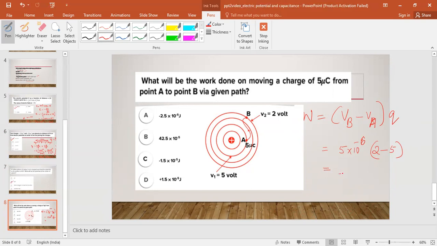So the answer is minus 5 into 3 into 10 raised to minus 6, which is minus 15 into 10 raised to minus 6, equal to minus 1.5 into 10 raised to minus 5. So the correct answer is option C.